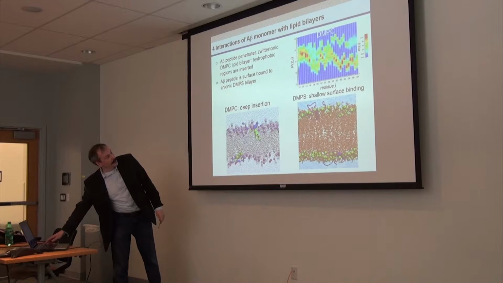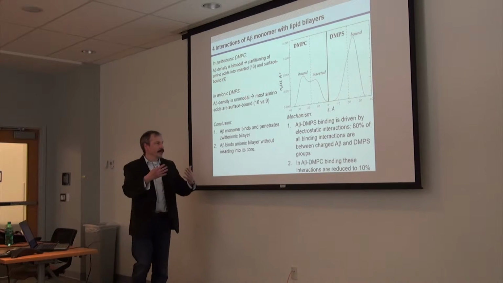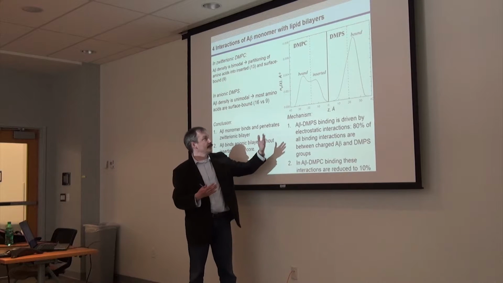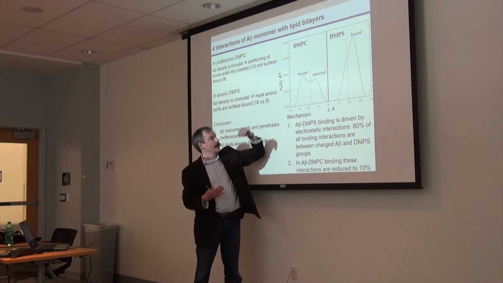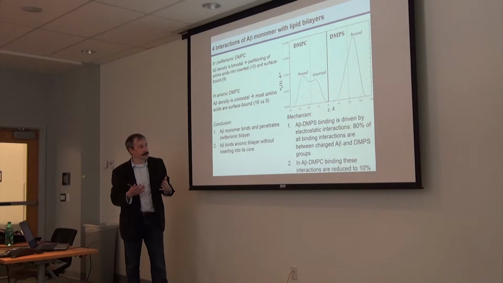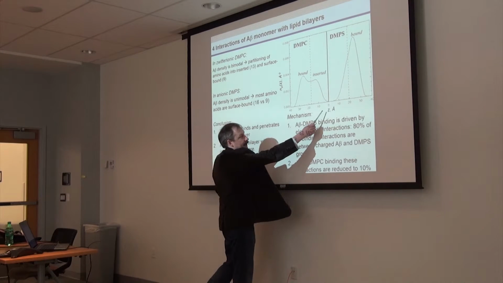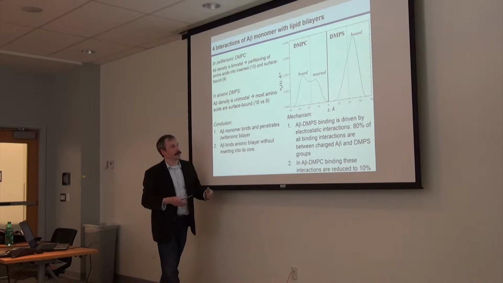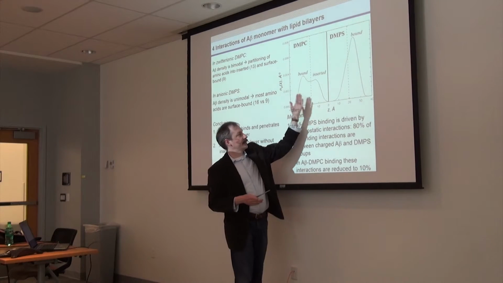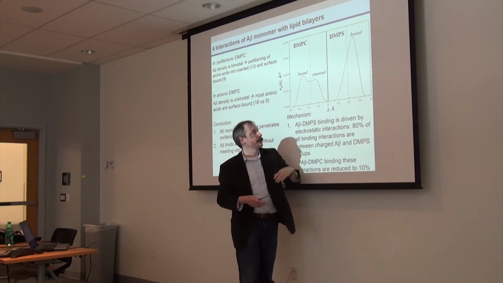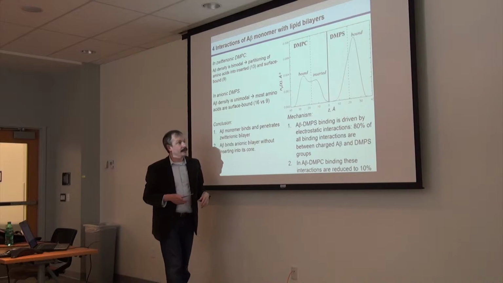And the same observation can be made, even more directly, if you consider the density distribution of the peptide atoms as a function of z, the distance to the bilayer center. Here you have a plot which has two panels, one for the zwitterionic and another one for the anionic bilayer.